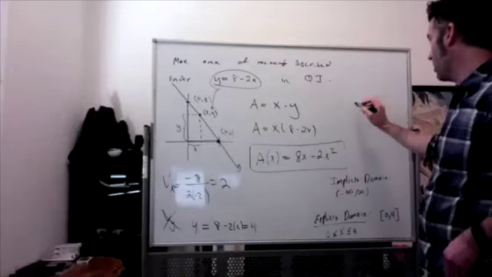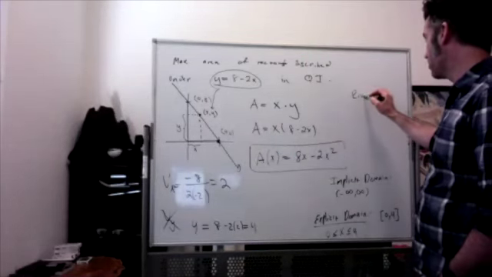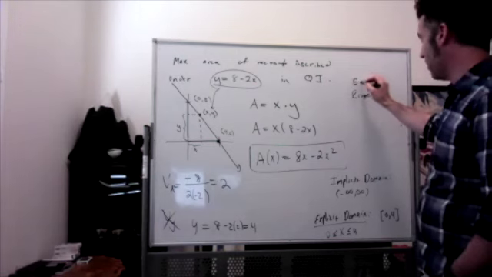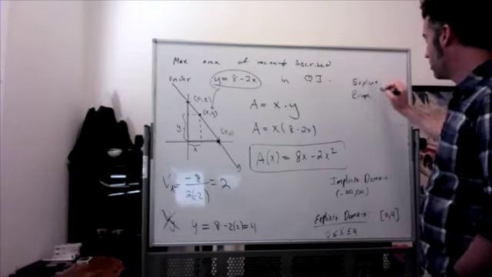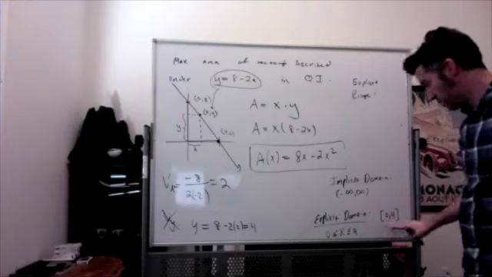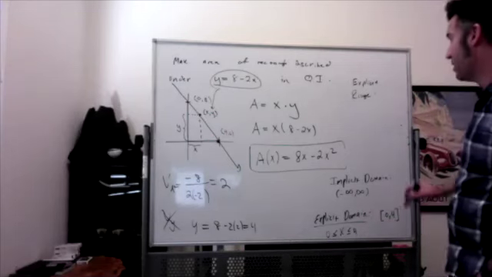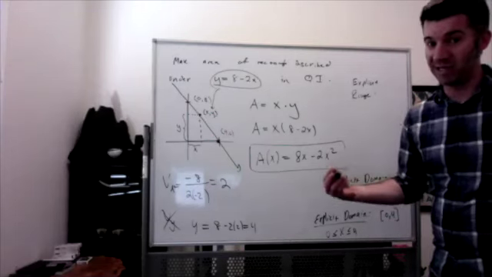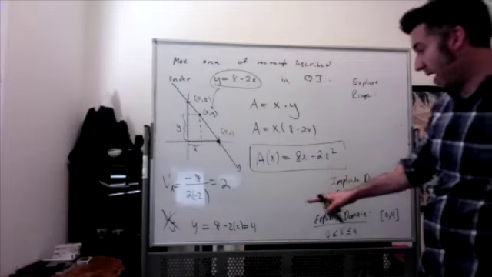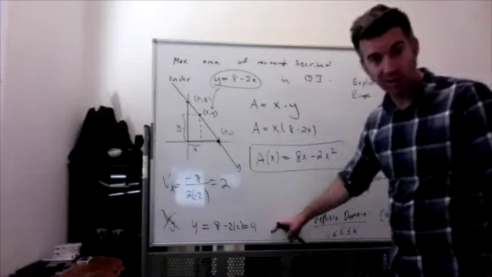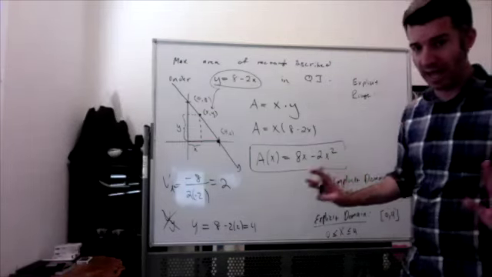So the range, the explicit range, if we are limited to this explicit domain from 0 to 4, is going to happen to also be 0 to 4, because the maximum area was 4. It's just a coincidence they happen to be the same.